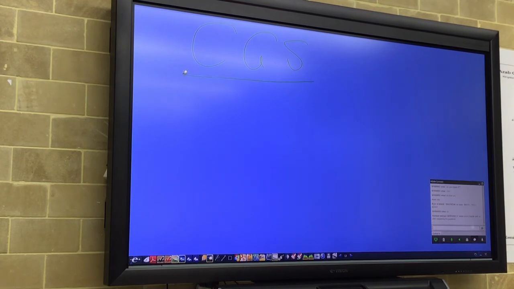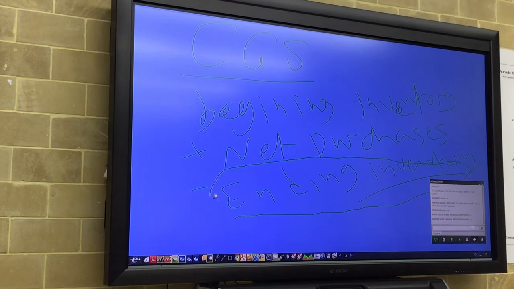Where does this come from? Beginning inventory plus net purchases minus ending inventory. Is it clear? Okay, so beginning inventory will be in the trial balance, and ending inventory is the first adjusting entry.